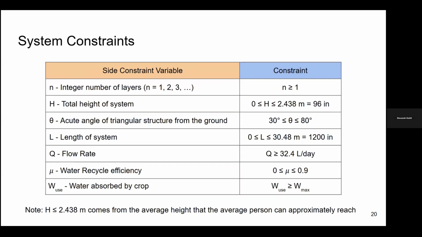These were the final system's constraints, with us considering the integer number of layers, the total height of the system, the acute angle of triangular structure from the ground, the length of the system, the flow rate of water recycle efficiency, and then the water absorbed by crop.